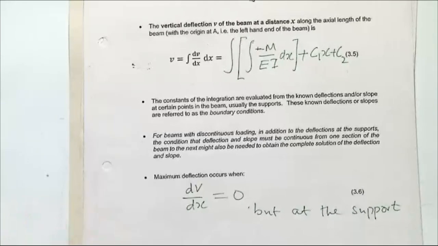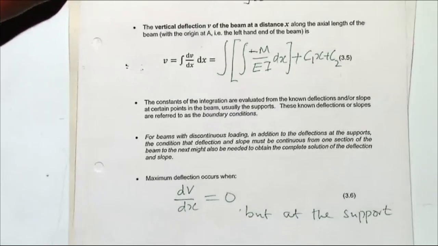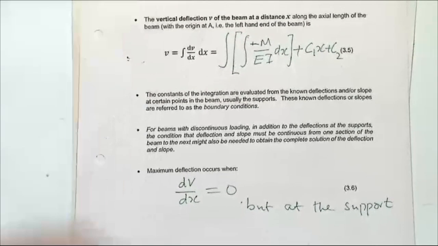If you want to find how far from the support you have the maximum value of V, we can differentiate V with respect to x, and we'll find what value of x will give us that value, provided it's not at the support. Okay, let's see how we use that.